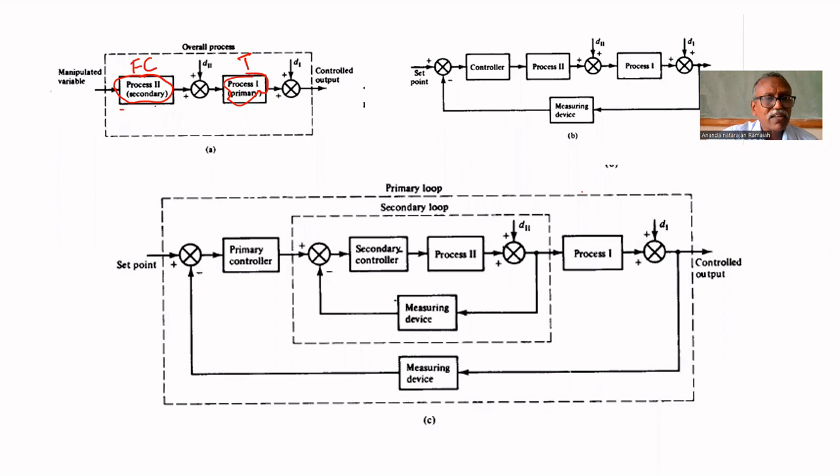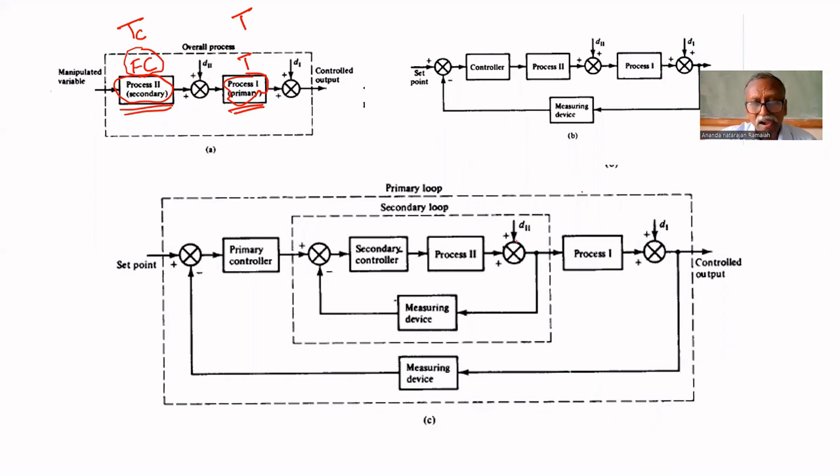So the process is divided into two parts. One is the model of coolant temperature, that is TC. Here T is separated into two parts. Here we are going to manipulate the coolant flow rate by measuring coolant temperature.